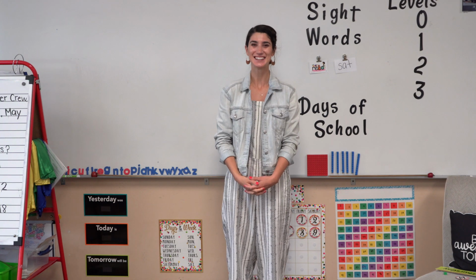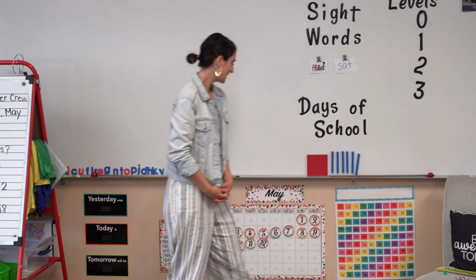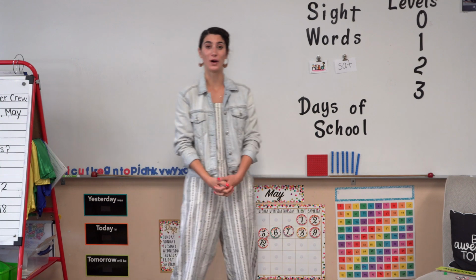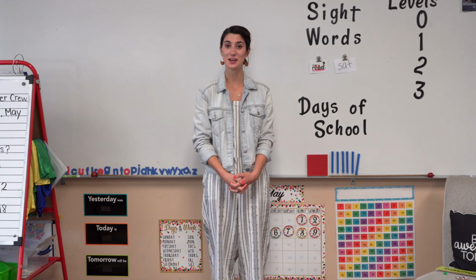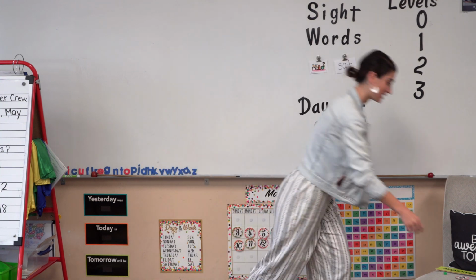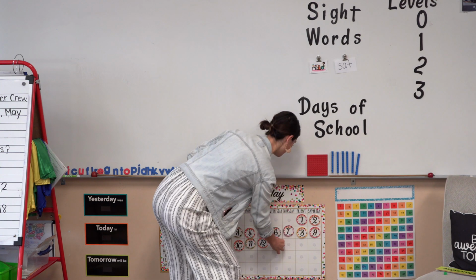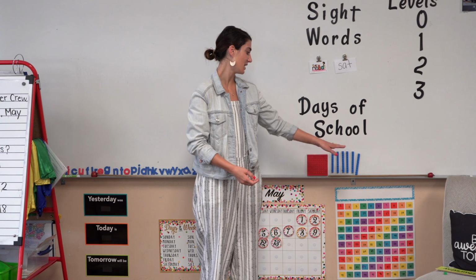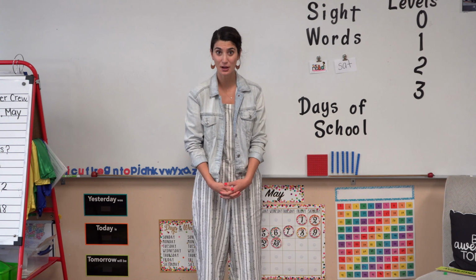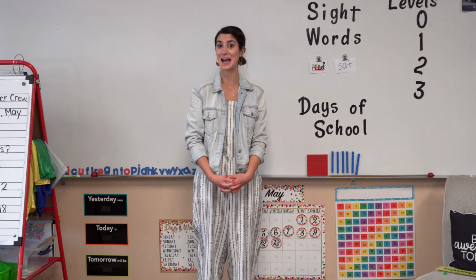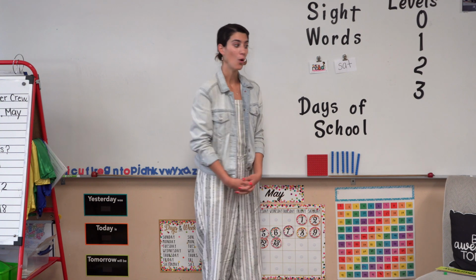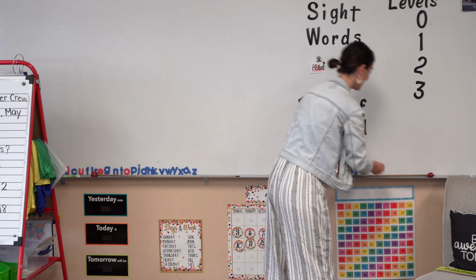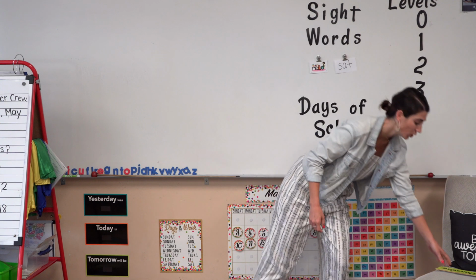All right, let's go ahead and look at our calendar. Yesterday was May 12th, which means today is May 13th. Yesterday was our 160th day of school, which means today is our 161st day of school.